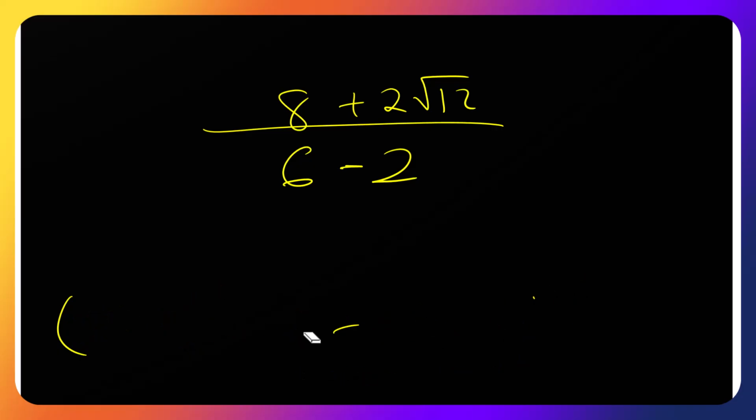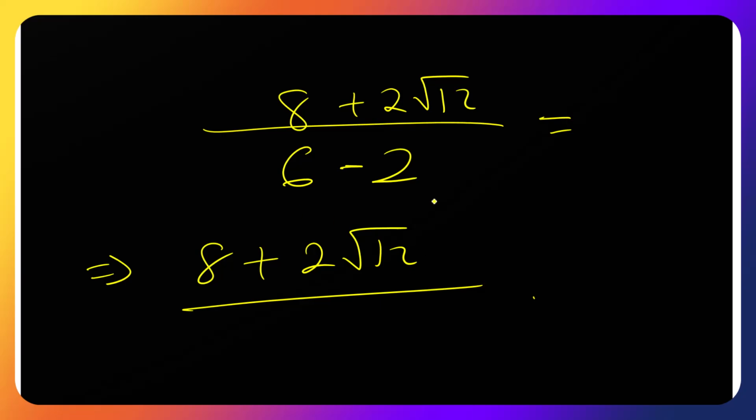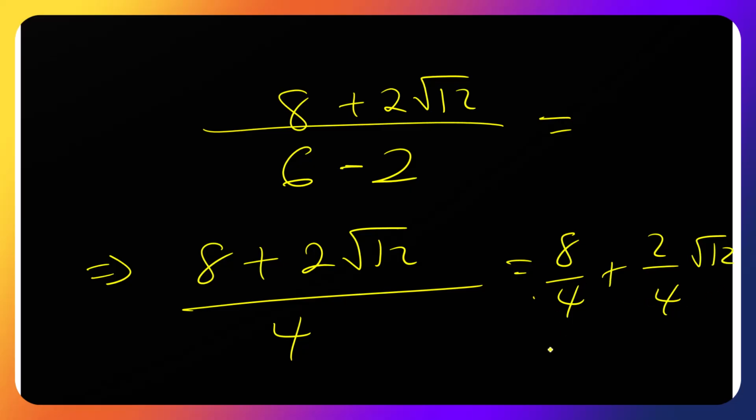Okay, so from here, we can say that 8 plus 2 root 12 on this side is 4. Okay, and the same as 8 over 4 plus 2 over 4 root 12. So we have 2 plus half root 12.